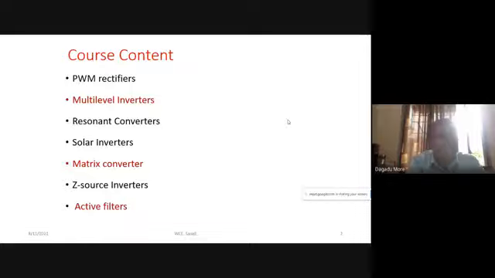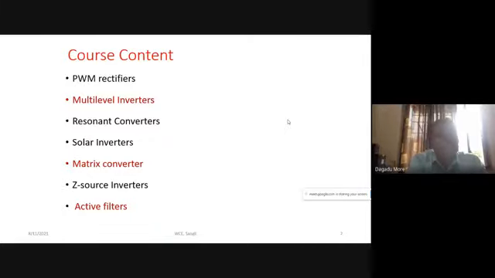Then for the fourth module, we have seen that solar penetration has increased, and we have to think of some special requirements for inverters used in solar applications. So the fourth module will be on solar inverters. Then you have already studied the cycloconverter, and a more advanced version of it with full control devices such as IGBTs or MOSFETs is the matrix converter.